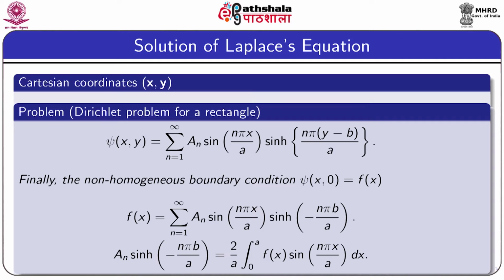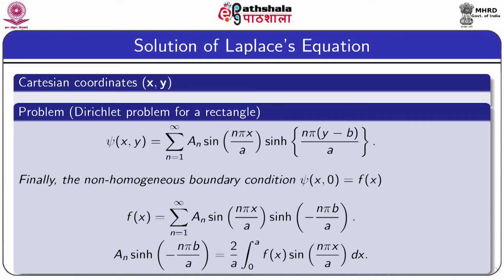After simplification, we can write the solution in this form: psi equals the sum over n of A_n sin(n pi x by a) into sinh(n pi (y minus b) by a).